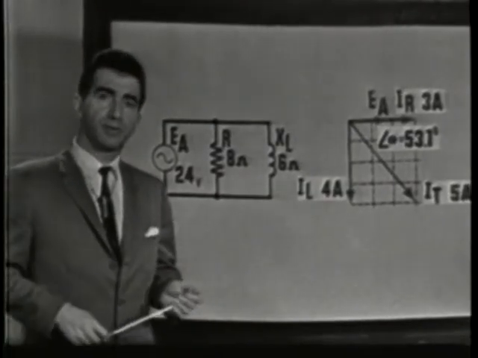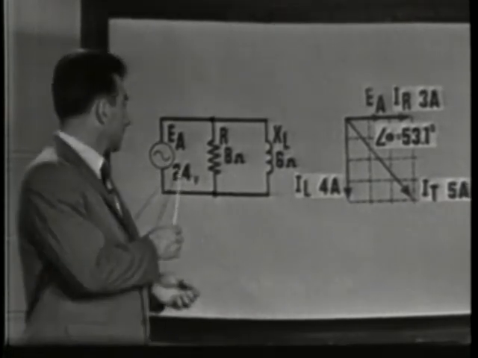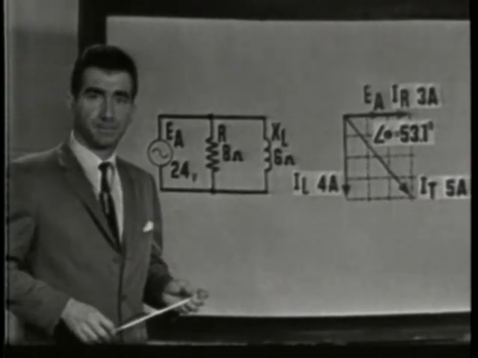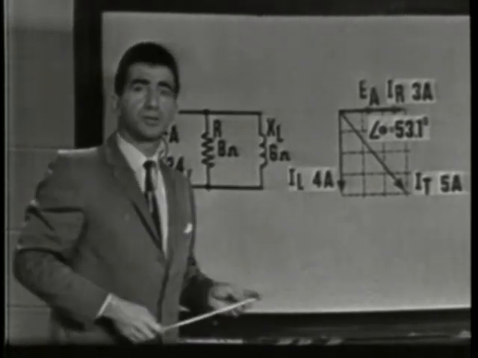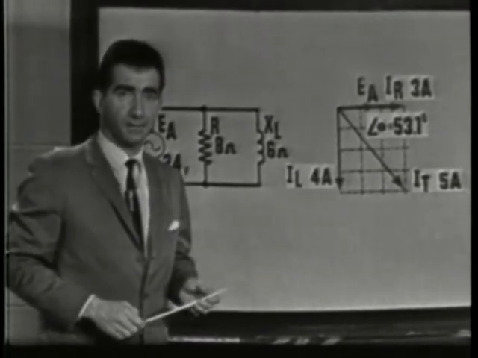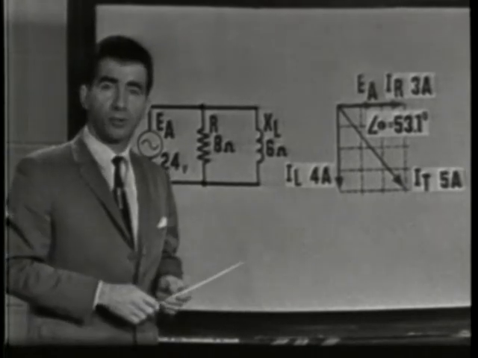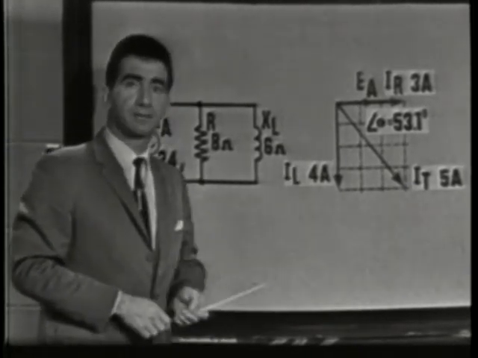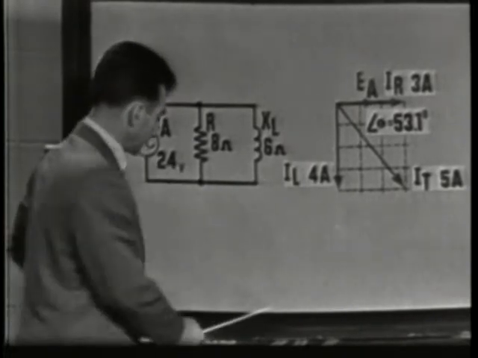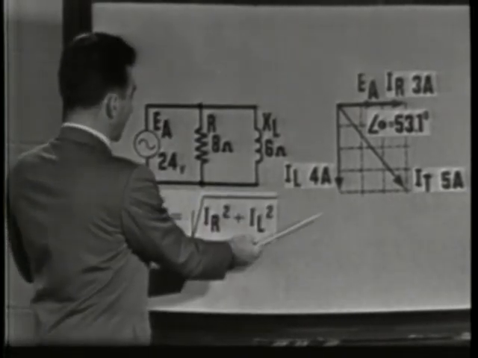Well, let's recap briefly. EA is the reference vector, and IL and IR are used to show the phase differences in the circuit and may be determined by applying Ohm's law. IT can be measured from the graph or calculated from the formula, the Pythagorean theorem.